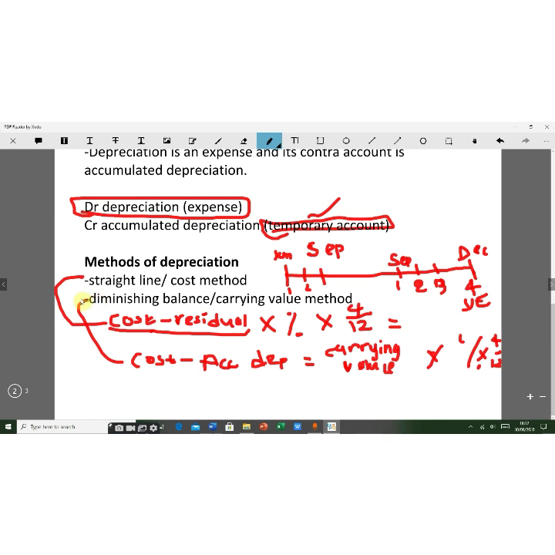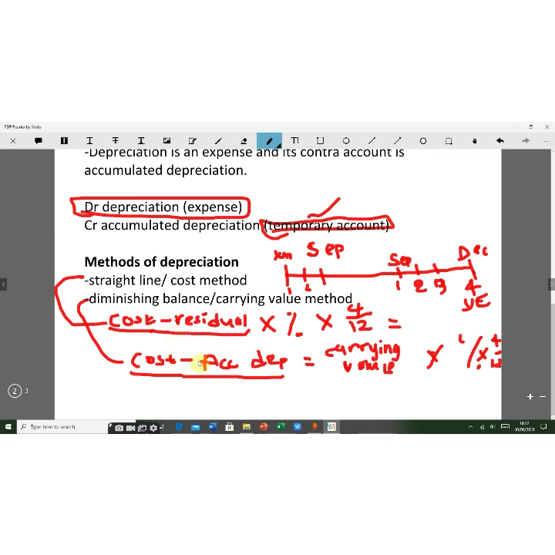And then for the diminishing balance or the carrying value method, you take your cost and you minus your residual value first, and then you also minus your accumulated depreciation. So cost minus residual value minus accumulated depreciation.